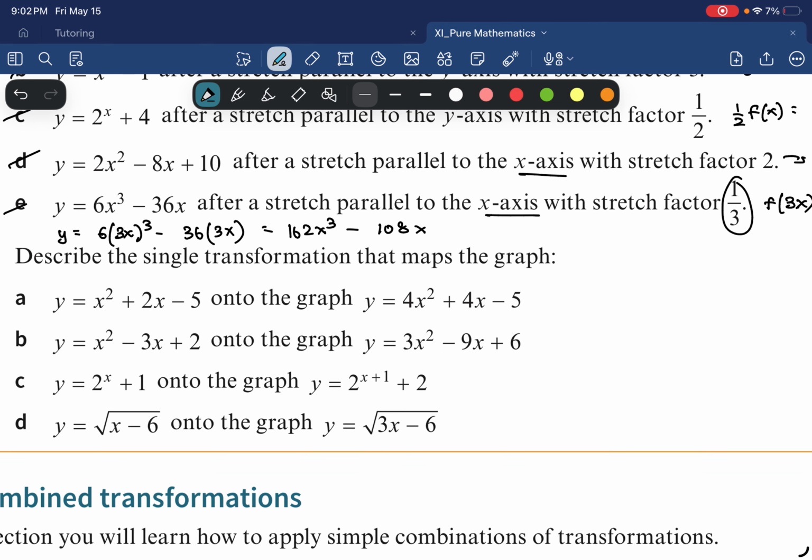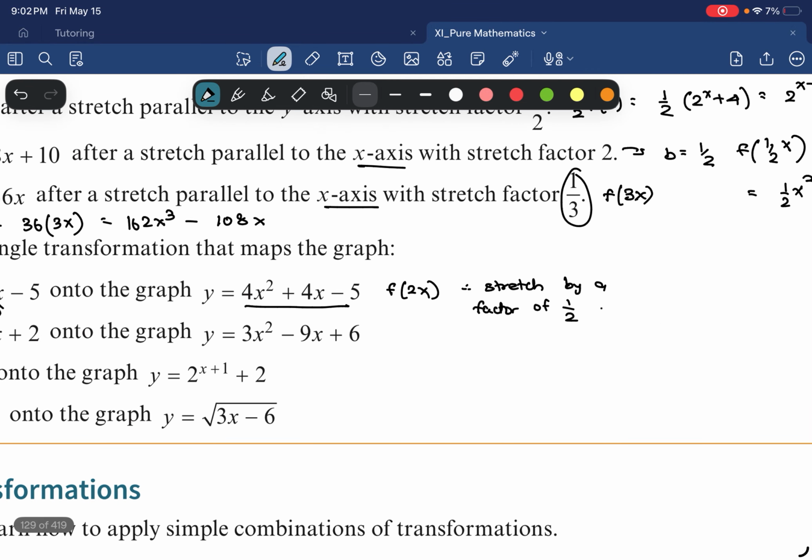And now question 3. If you check carefully, this is f of x, and this looks like f of 2x. If you substitute 2x here, you're going to get this expression. So therefore, it's a stretch by a factor of half, a horizontal stretch, parallel to the x-axis.